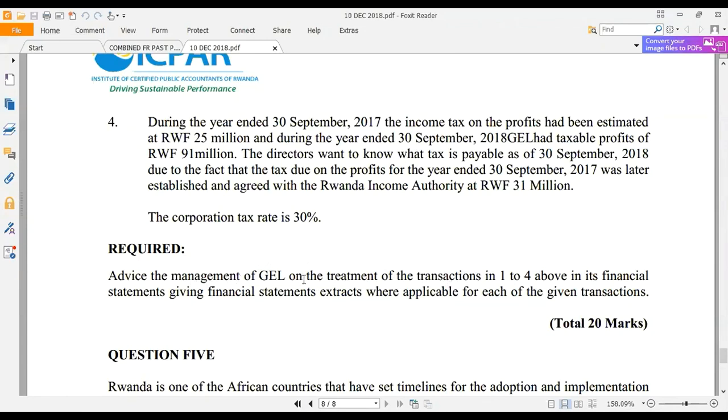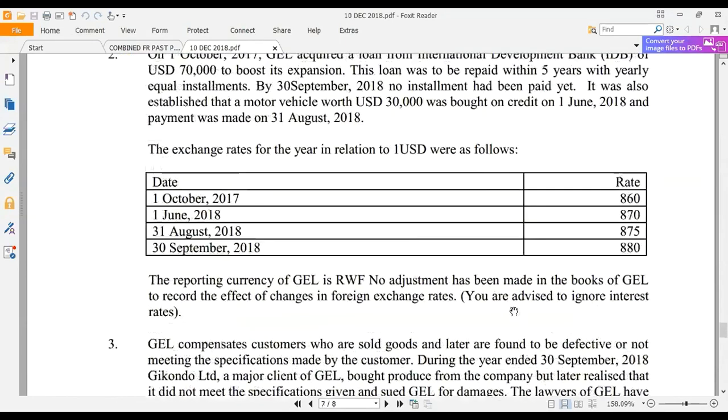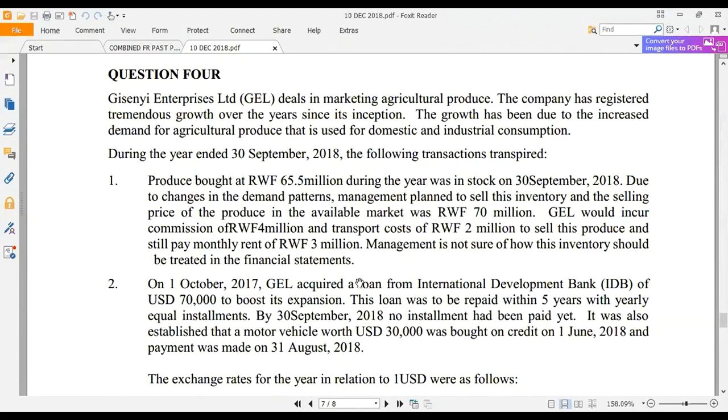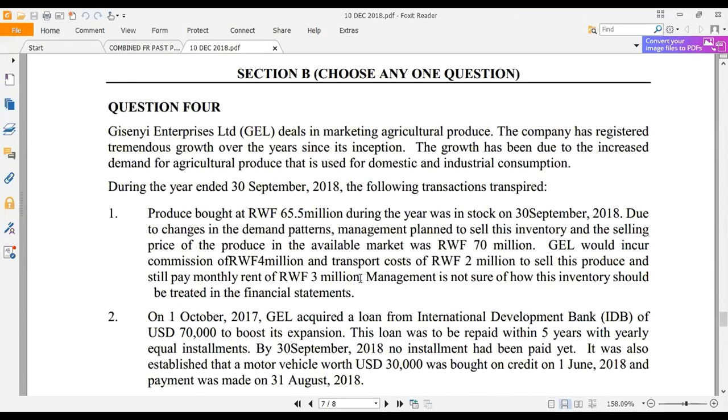So let's read the question. Advise the management of GEL on the treatment of transactions 1 to 4 above, but I'm interested in transaction 4, and its financial statements, giving financial statement extracts where applicable for each given transaction. So let's start from the beginning. It's a long question, so let us be patient, please, as we read it.